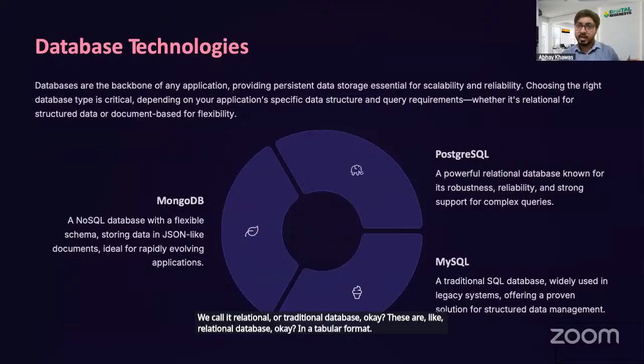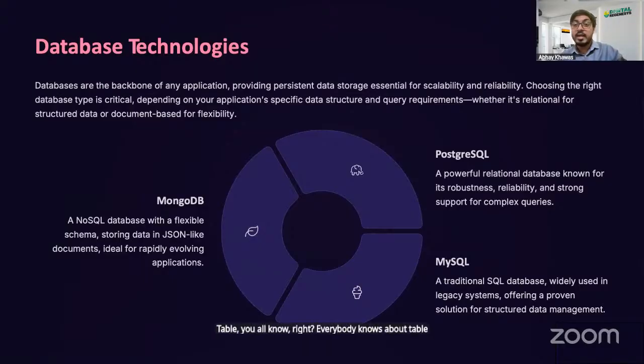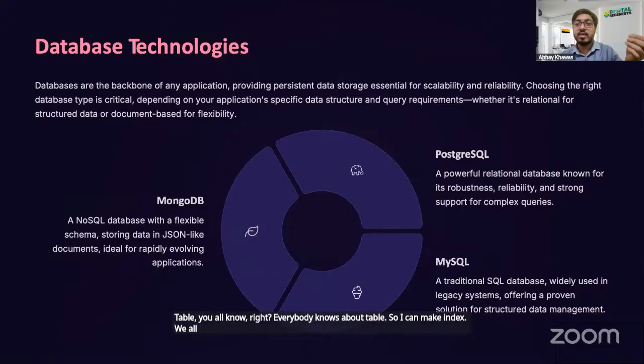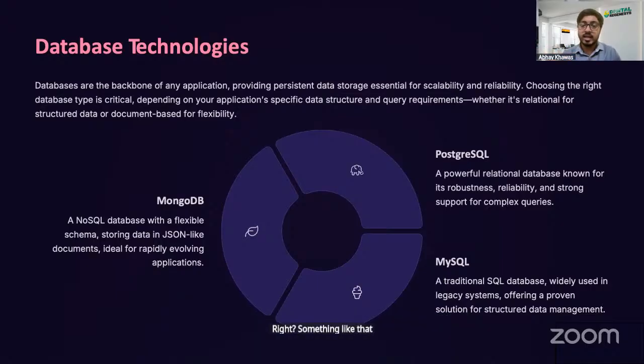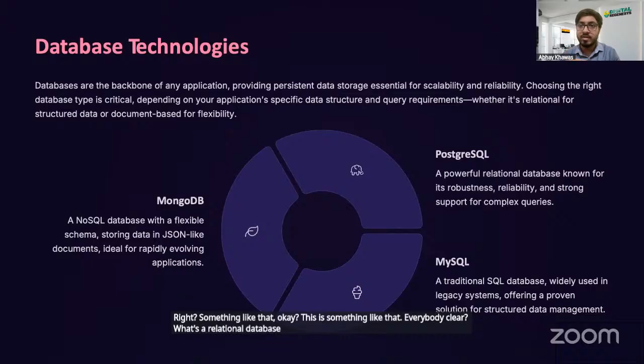Table, you all know, right? Everybody knows about tables. I can make an index. I think we all make indexes, right? Serial number, topic name, page number. That is a table, right? Something like that. Everybody clear what a relational database, or tabular format of database, is? Yes, no in the chat.